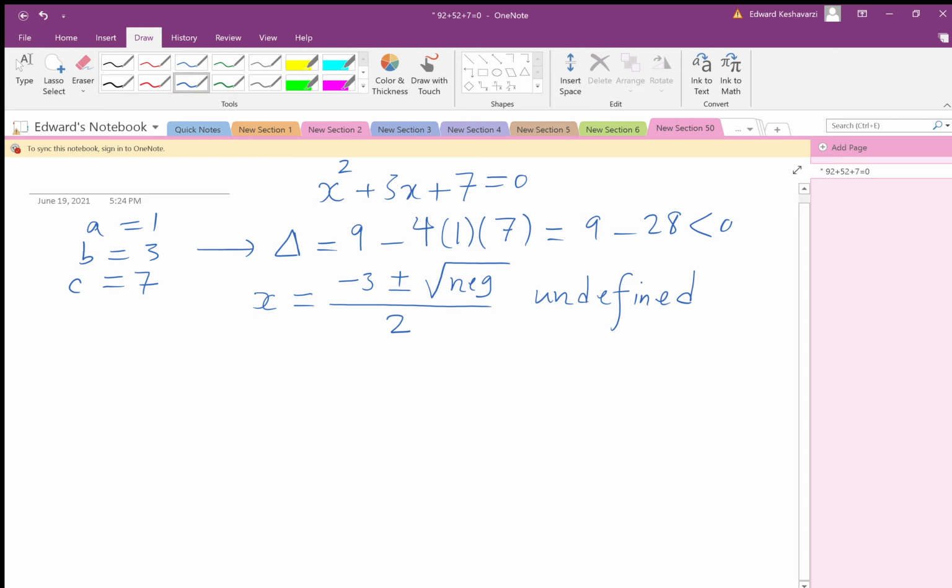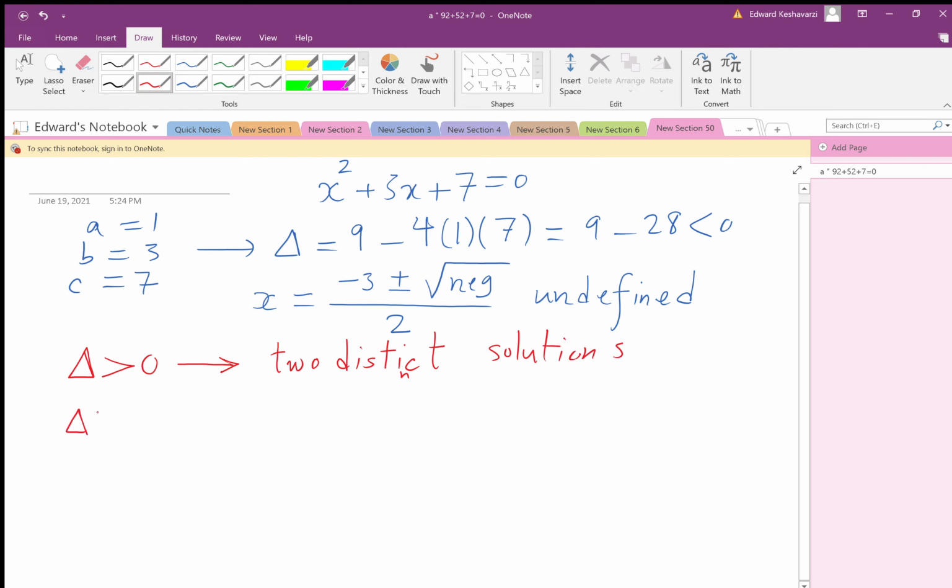So therefore, we can summarize everything here. There are three cases. Case number one, if delta is larger than 0, we always have two distinct solutions. It means different solutions.